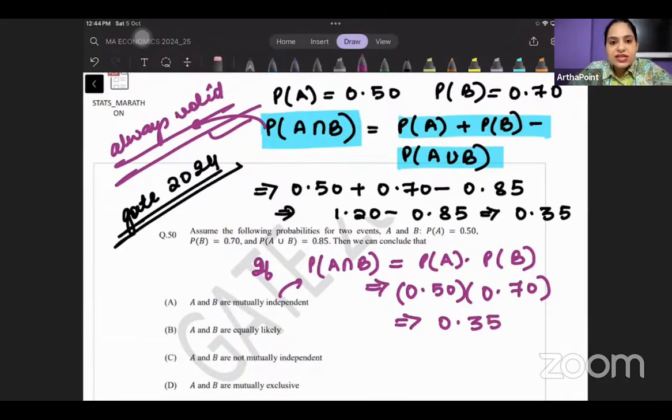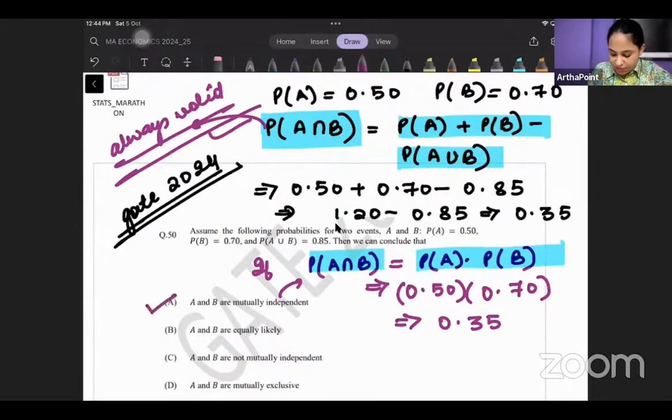So both of these are giving me 0.35. Right? It means that the first option at least is correct, that they are actually independent of each other, because probability A intersection B is becoming probability of A into probability of B. So that is the correct part. That is in fact correct, right? So yes, they are mutually independent.